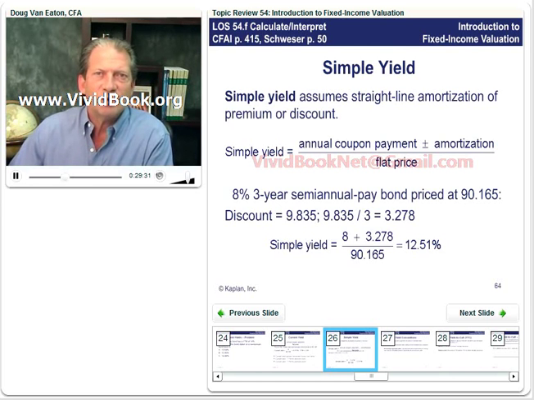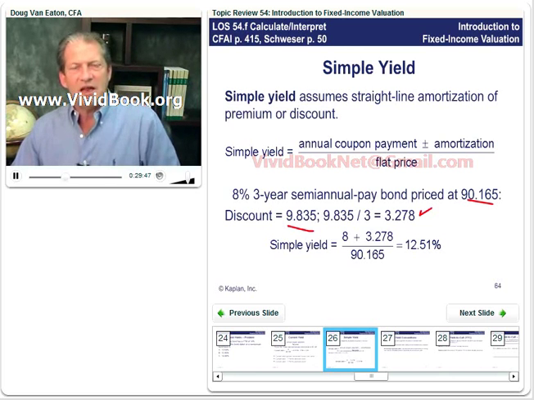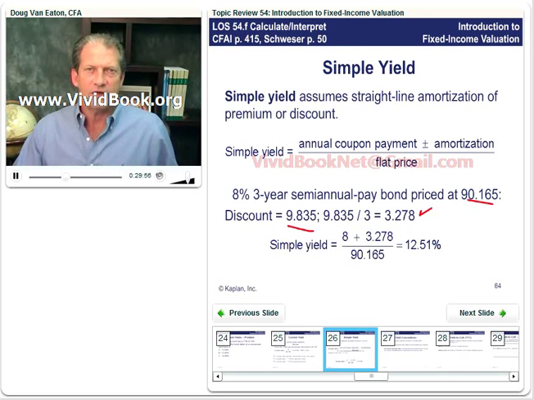So now let's look at the simple yield for our 3-year annual pay bond priced at 90.165. The discount from 100% is 9.835. Divide that by 3, get 3.278. So now that's the annual movement toward par value on this very simplistic method of calculation.